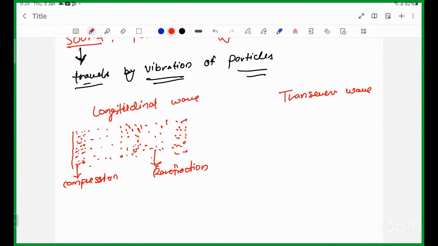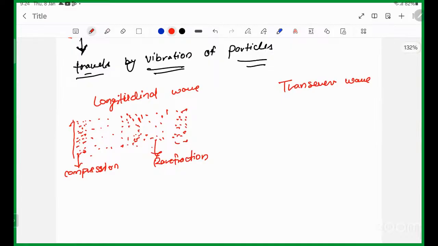Like this they work. So these particles move from one to another, and they come back to their position. This is called longitudinal waves, by which sound travels.